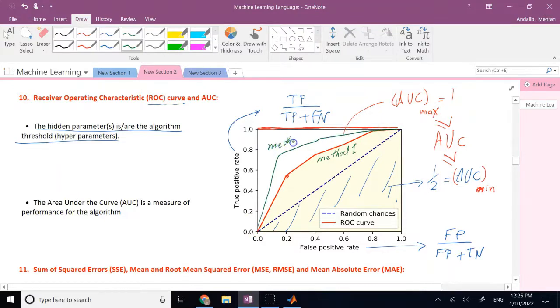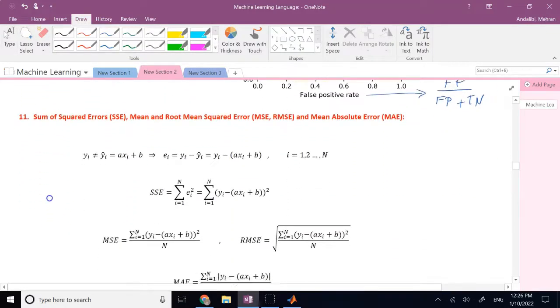Which one of them, over their hidden parameter, their hidden threshold, does a better job? You say method 2 because the area under the curve of it is better than method 1. It's closer to the perfect case than to random, compared to method 1. So the area under the curve is a measure of performance. The bigger it is, the better your algorithm performs over a range of thresholds.